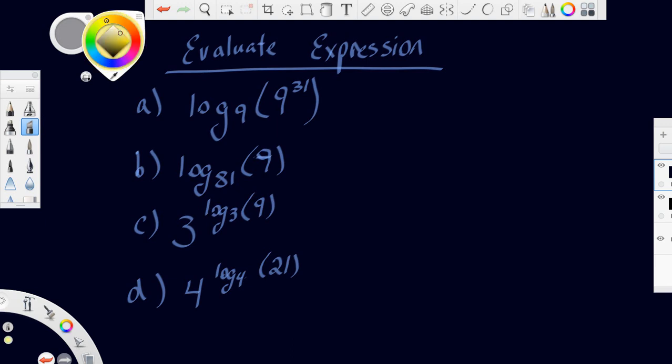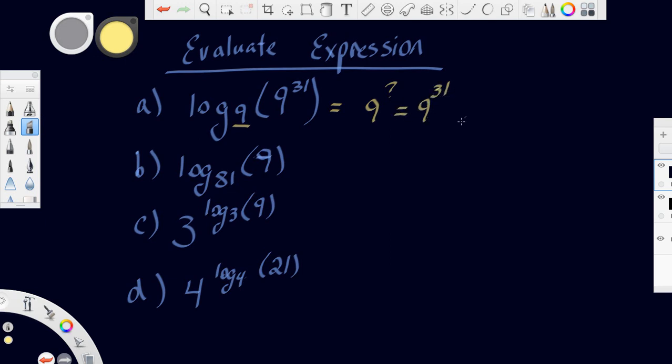So here's the deal, on this one, it's saying, hey, what power do I need to raise 9 to in order to get 9 to the 31st? Well, you have to raise it to the 31st power. So the answer would be 31.